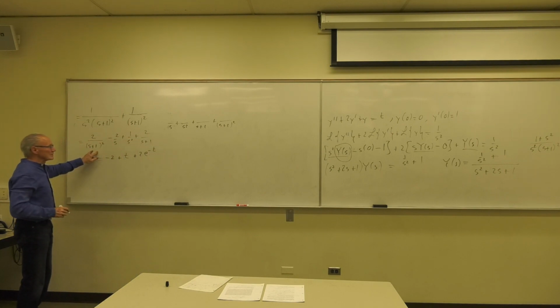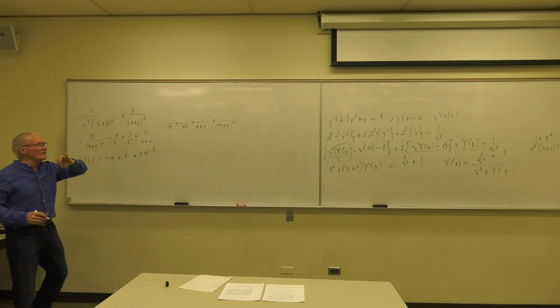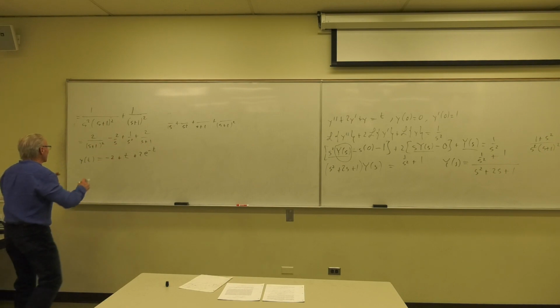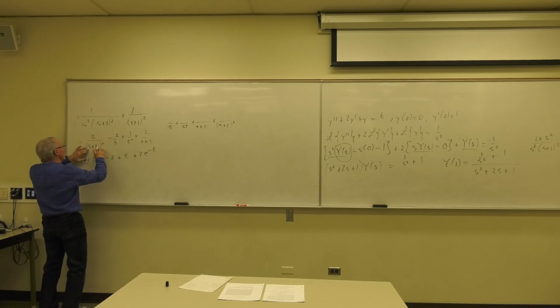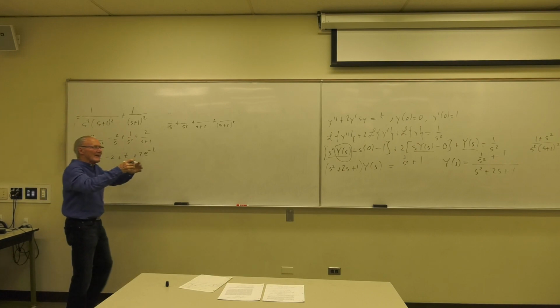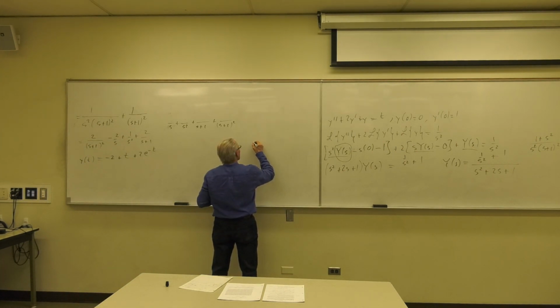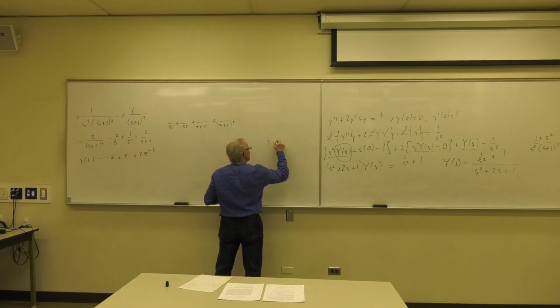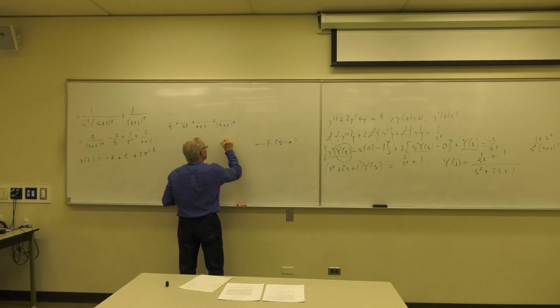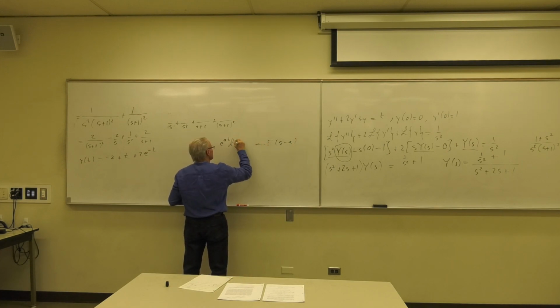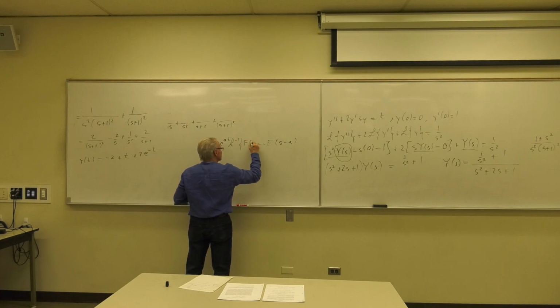What about this? Oh, I forgot to bring my overhead. Everywhere I look in here, it's s plus 1. So why don't we use that property that said, let me write it down, that if you have F of s minus a here, and you want to go back, it is e to the at times the inverse transform of F of s.